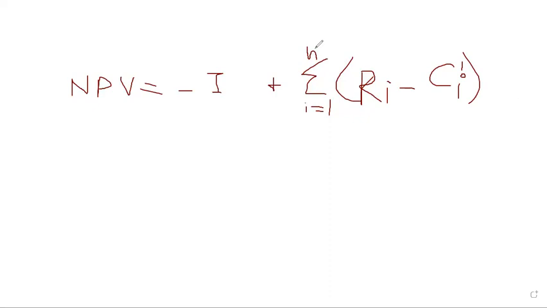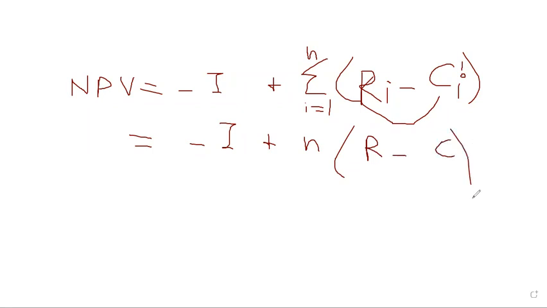And if you want to get the year, because here the income and costs are constant over the years, then you can write simply that NPV is minus I plus N, which is the number of years, times R minus C. We have already calculated per year what the income is, and we know the cost. We have the investment, and the payback period corresponds to NPV equal to 0.